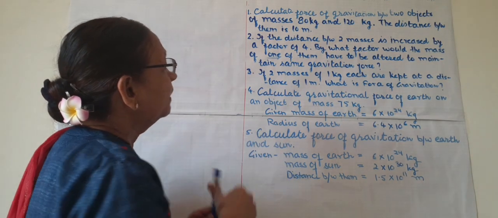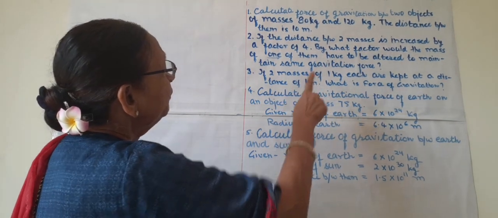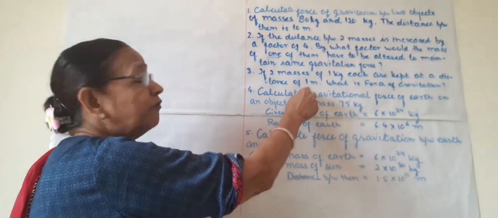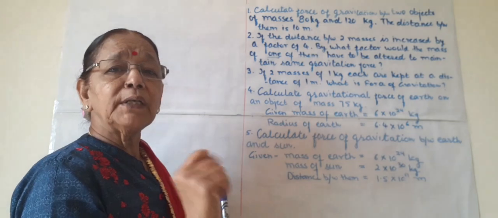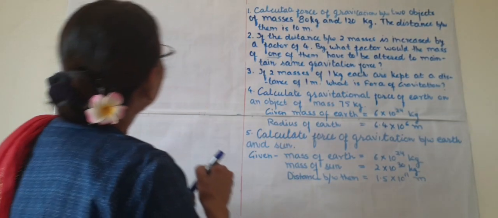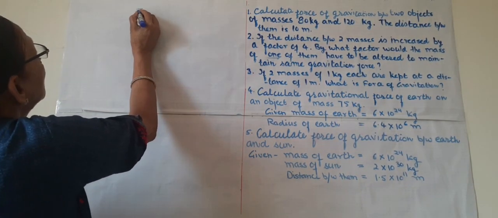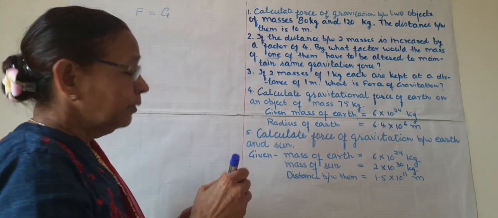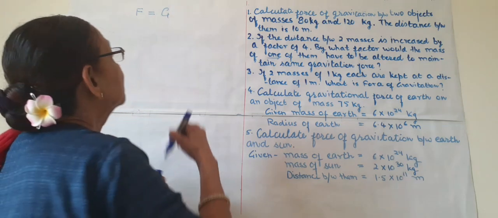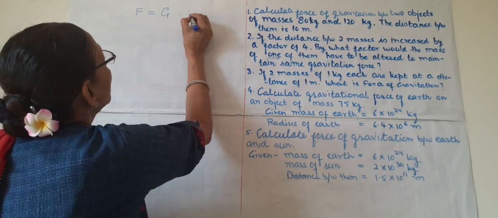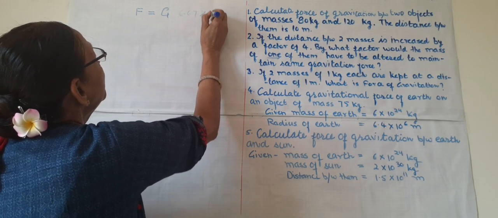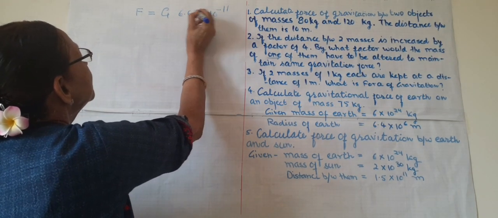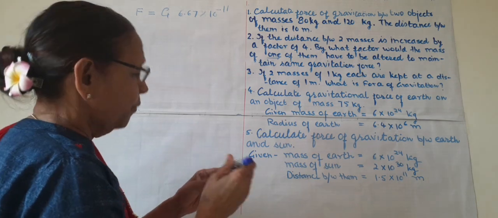In the third numerical, we have seen that if two objects are placed at a distance of 1 meter and their masses are 1 kilogram each, then the force of gravitation will be equal to the universal gravitational constant, that is 6.67 into 10 raised to power minus 11.